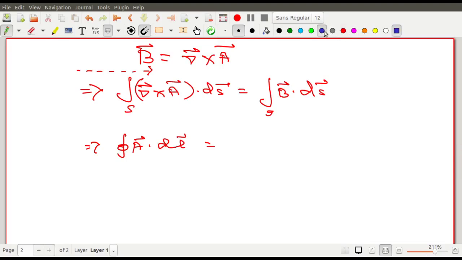Let me draw the diagram once. This is your solenoid. These are the turns, right? This one is the radius.